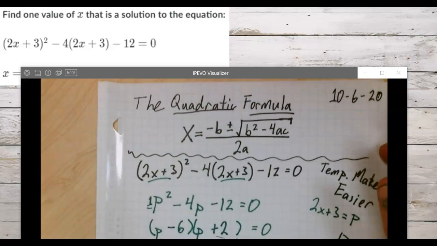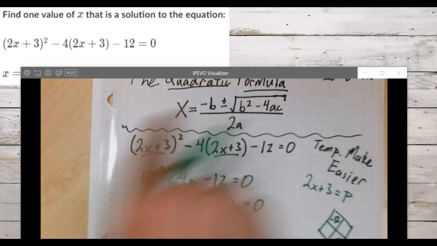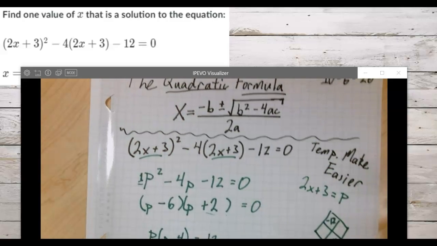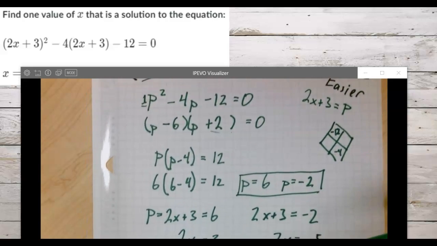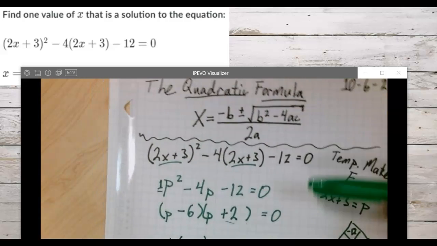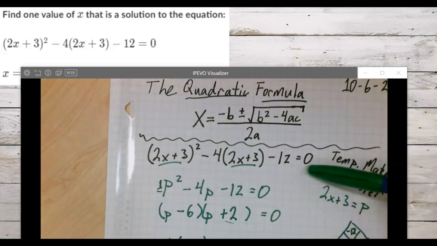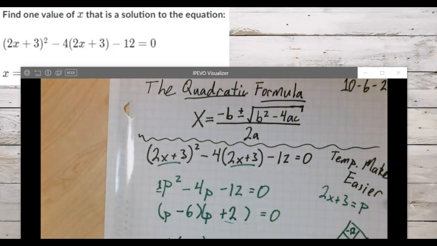Questions on how we took what looked to be an insanely complicated equation and made it, in my opinion, a lot easier? And for the record, quadratic formula wouldn't do you any good here. It's way too complicated.